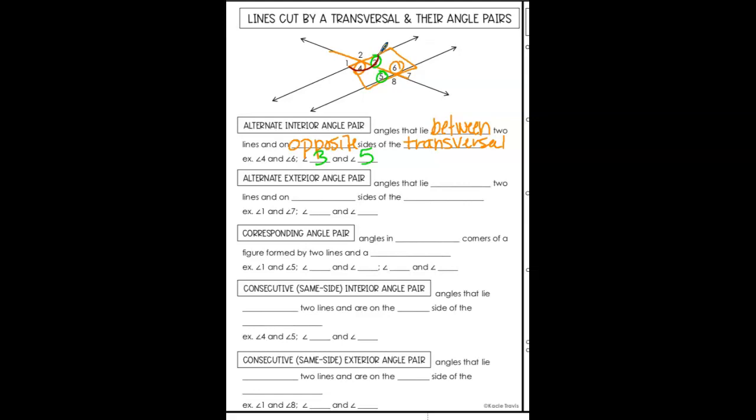All right, the next one we're going to talk about is alternate exterior. So interior meant on the inside, alternate means opposite. So these are going to be angles that lie on the outside of two lines on opposite sides of the transversal.